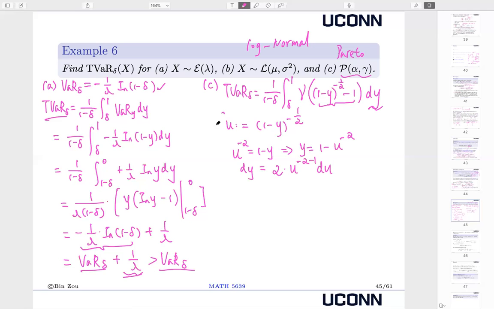So now, okay, those are my scratch work. It is 1 minus delta to negative 1 over alpha. And because alpha is greater than 0, 0 to a negative power is infinity. Then inside I have gamma u minus 1, right? Replace the whole thing. Next, I need to replace dy.